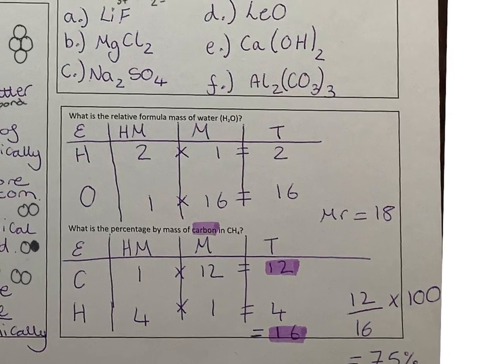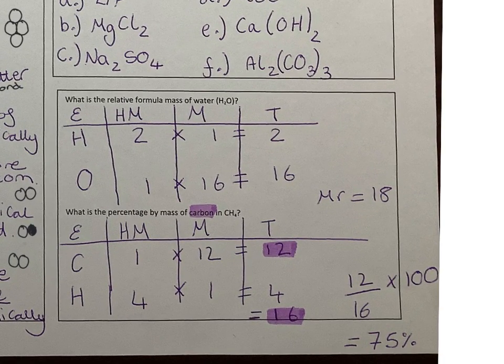Final then calculation is something called relative formula mass, or calculating the Mr. Okay, so we've got our table. Element, how many, mass number, total. Okay, so if you wanted to write them in, I've just put it a little bit shorter so it's easier for you to write out. Okay, so the elements I've got hydrogen, circle it, the number always belongs to the element in front.